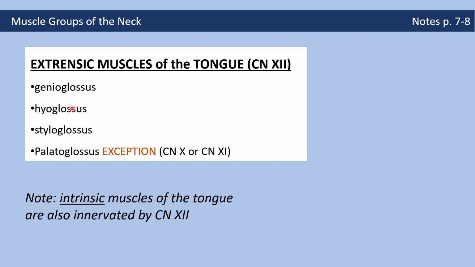Genioglossus, hyoglossus, and styloglossus attach to the tongue and either the chin, the hyoid bone, or the styloid process, respectively. And so it's easy again to think of these as having the intrinsic and extrinsic muscles of the tongue. All are innervated by hypoglossal cranial nerve 12, with the exception of palatoglossus.